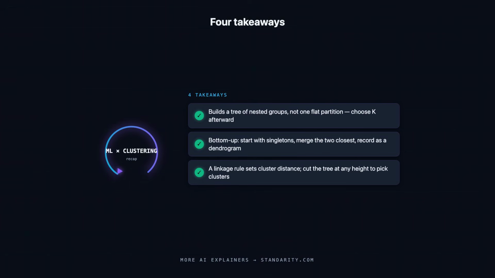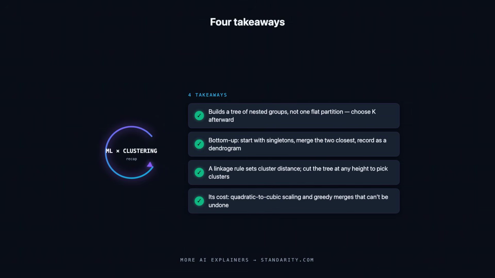A linkage rule sets what closest means, from single and complete to average and Ward's method, and cutting the tree at a chosen height picks your granularity without ever fixing k. Its main cost is speed, since the classic algorithm scales poorly to millions of points, and early merges can never be undone.